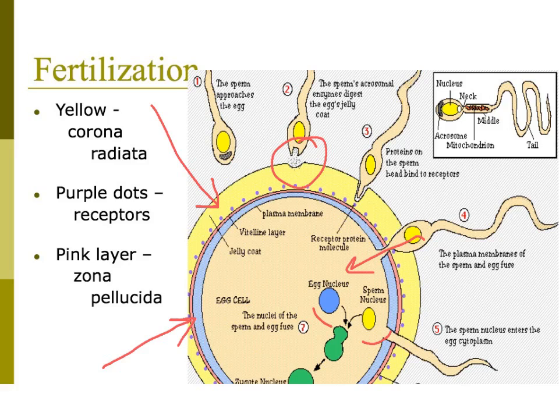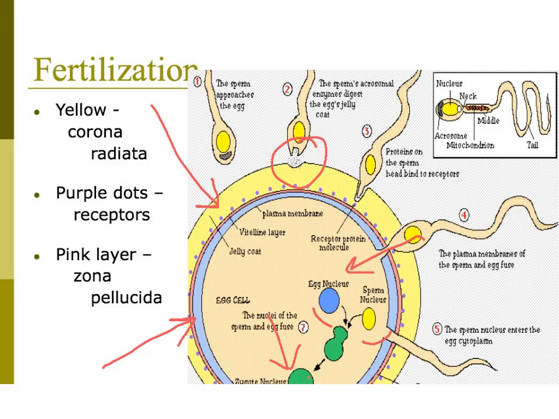The egg doesn't actually complete meiosis until we have this fusion. Monospermy means that only one sperm per egg actually penetrates. And then when the egg and sperm nuclei fuse, we end up with a zygote. And that is the first cell of life.